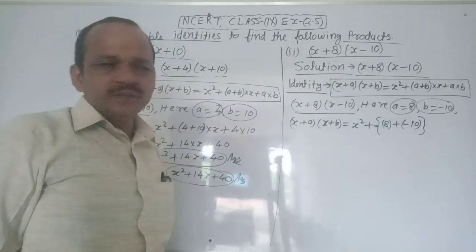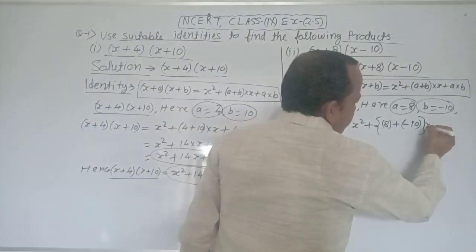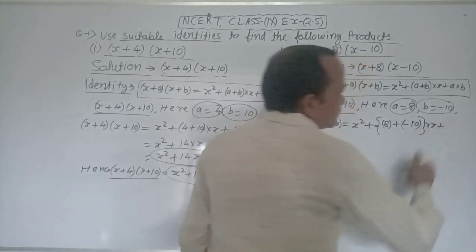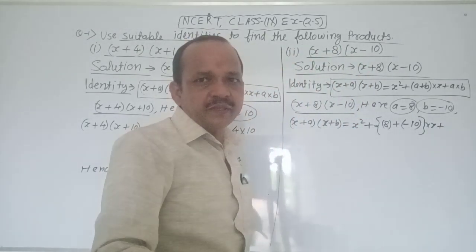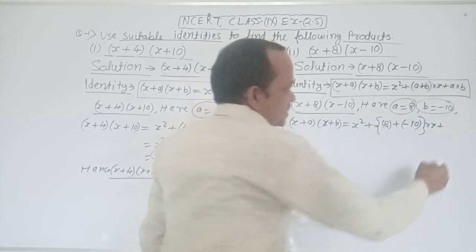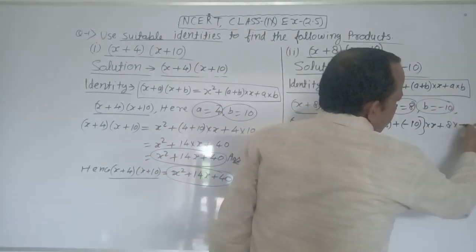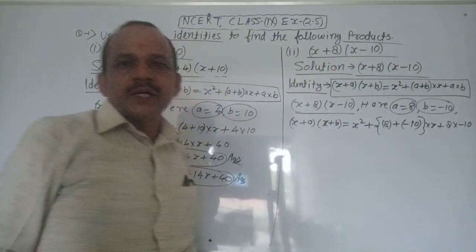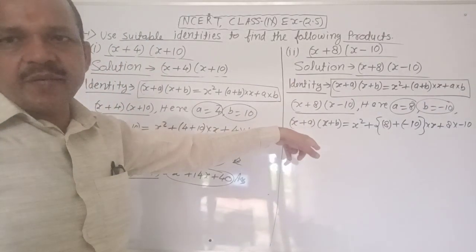Is it clear? Multiply x plus a multiply b. Here a multiply b: a means 8 multiply minus 10. It is clear, no confusion about it.